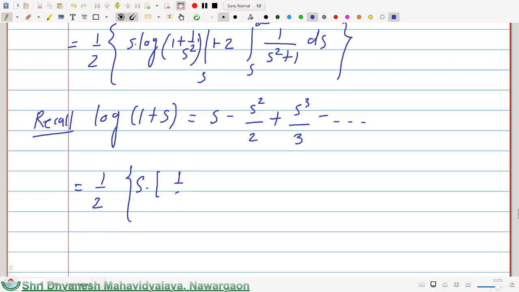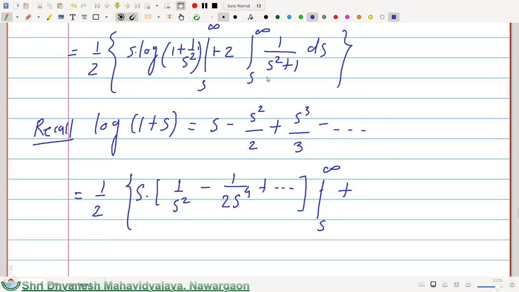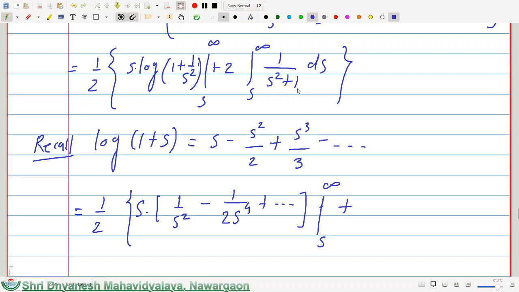With this series it will become: in place of s we have 1 upon s square, minus s square, that is 1 upon s to the power 4 into 2, and so on. So the power in the denominator is getting increased term by term. We have to apply limits as s to infinity, plus 2 into the integration of 1 upon s square plus 1, which is tan inverse s.